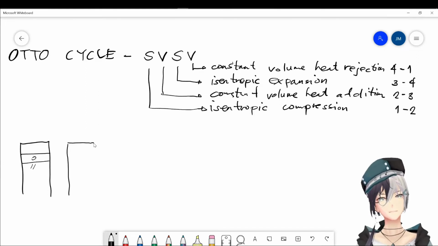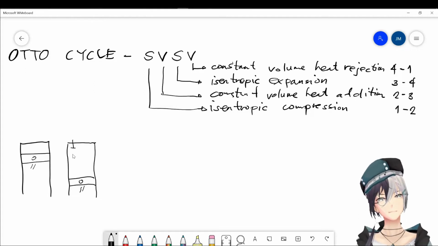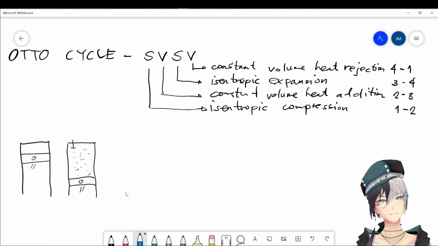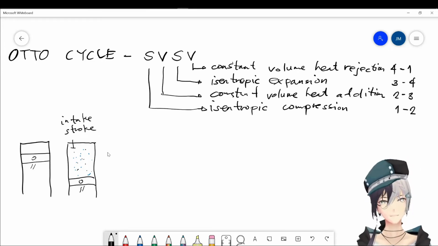From there, the valve opens, admitting air and fuel, a mixture of air and fuel. So this is your intake stroke.